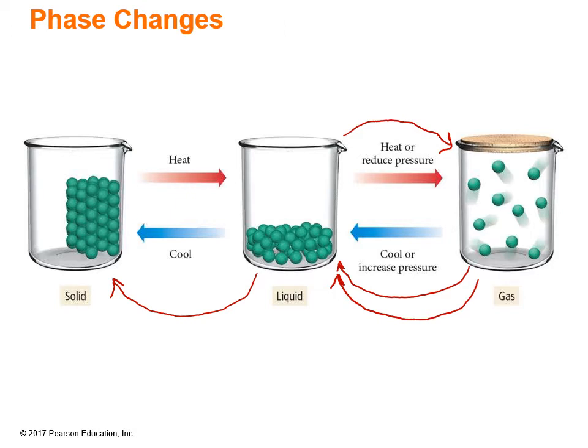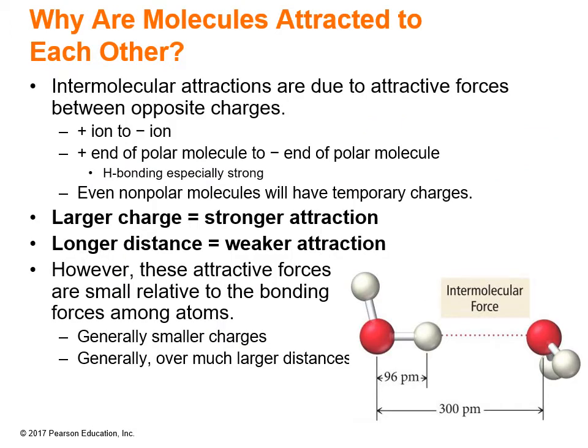So why are molecules attracted to each other? Well, it has to do with the intermolecular, so between the molecules, the attraction that they have. And this happens because of opposite charges. Now, it could be a positive and negative ion that are attracted to each other. Or it could be just from the fact that a molecule is polar.